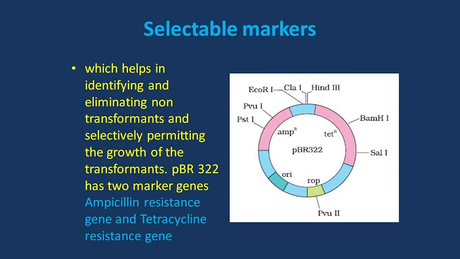Ampicillin resistance gene produces an enzyme that breaks down the antibiotic ampicillin. Similarly, tetracycline resistance gene produces an enzyme that breaks down the antibiotic tetracycline. So these are required to select E. coli cells which contain the foreign gene, or in other words, we can say transformant bacteria.